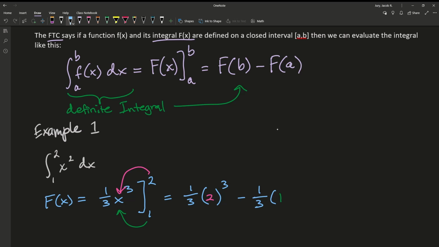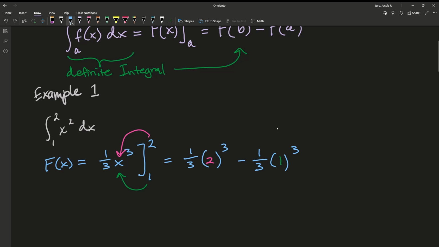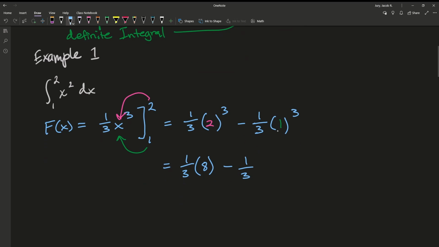So this operation will give me the area between the curve x squared and the x values 2 and 1. So if I carry this out, this is just a little calculation, 1/3 times 8 minus 1/3. So I'll have 8/3 minus 1/3. So that would be my final answer.